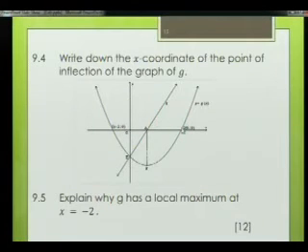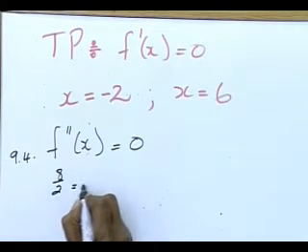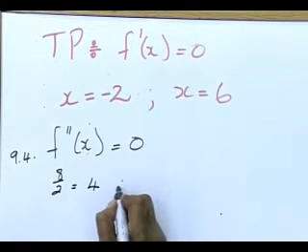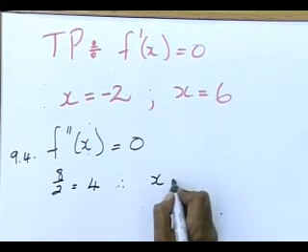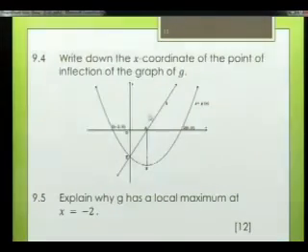So it will be 8 divided by 2, which gives me 4 units. So the x value must be 4. So b's value here must be 4. If you want to, you can also work out the second derivative. Your answer must still be 4.